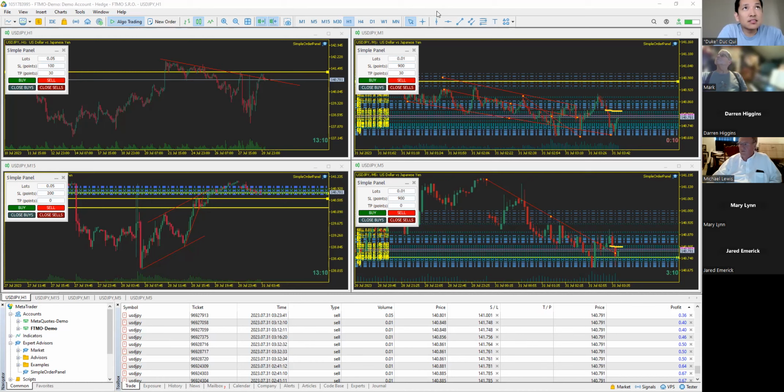This is not a good sign though, because what you're starting to form is an up channel. But this could be it. This could be the inverse head and shoulders.